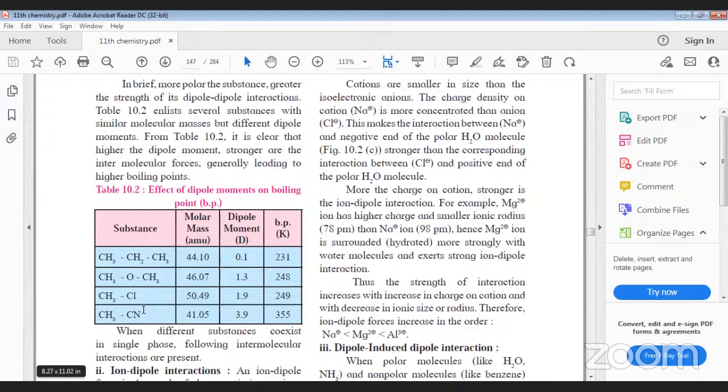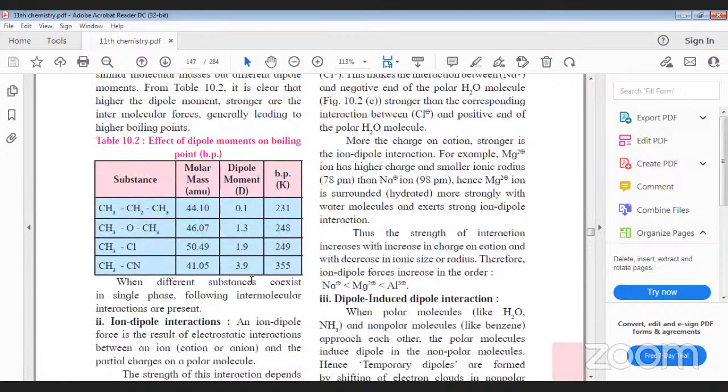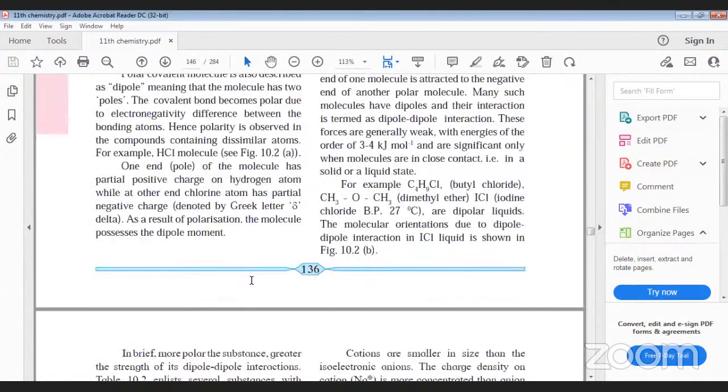Understood? So in this way, through intermolecular forces, the melting and boiling point of a substance increases. With an increase in the dipole moment, boiling point increases. Keep this in mind. And how does the dipole moment increase? By increasing the electronegativity. The more polar the molecule, the more the dipole moment, the more the boiling point. So I think you have understood dipole-dipole interaction.